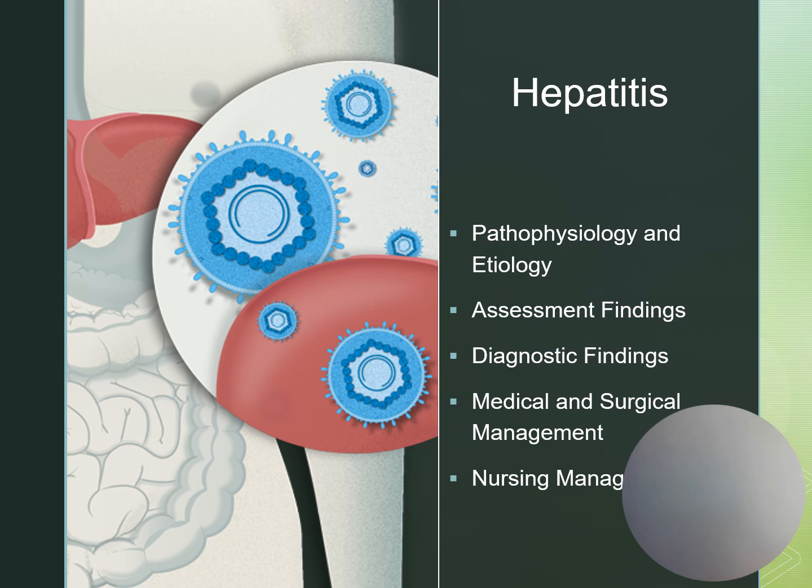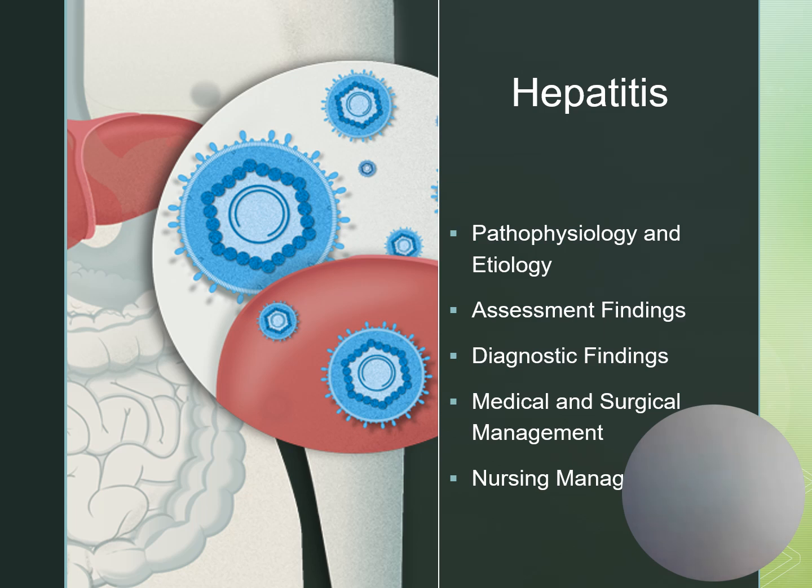Type G is going to be transmitted through blood transfusions. Hepatitis B, C, and D can be chronic and persistent. Types B and C are very common with hepatocellular carcinoma. Other types can include autoimmune, toxic, and drug-induced.